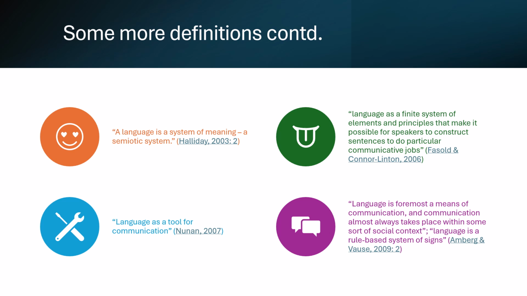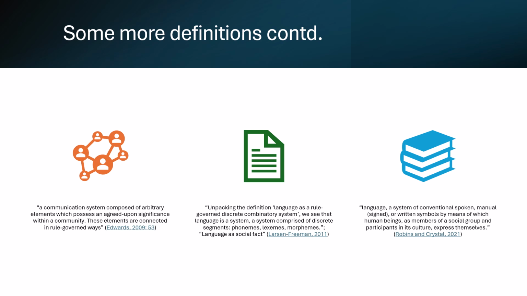Language is a rule-based system of signs. So signs there is talking about code, about expressive elements. So it is rule-based and a system. I'm sure this person will likely be connected to the likes of Chomsky. Then Halliday, of course, says it is a social semiotic system, which captures all that we are saying. So let's look at another definition. We have some more definitions here.